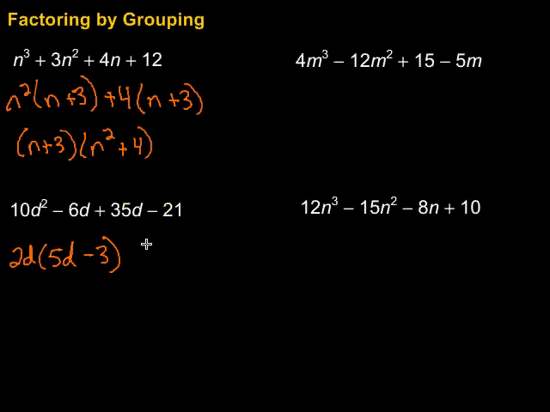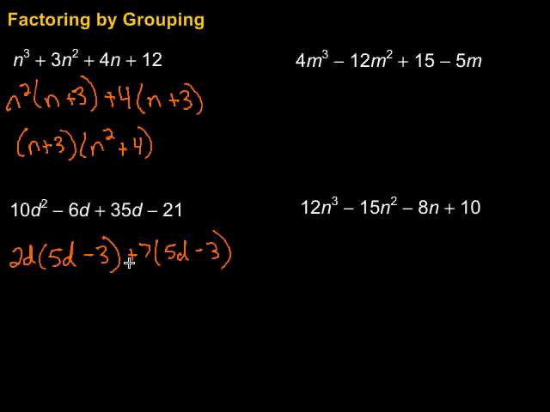Well, let's see. What can I take out of both of those? A 7. So let's pull a 7 out of both. We're going to take out a positive 7, so that's going to give us plus 7. 35d divided by 7 is going to be 5d, and then negative 21 divided by 7 is minus 3. Okay, now notice again what happened.